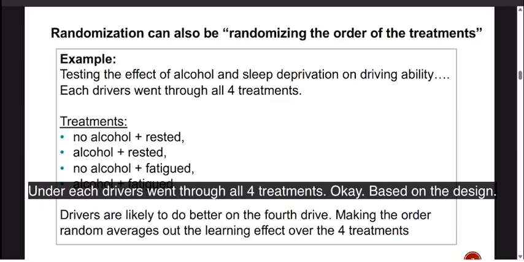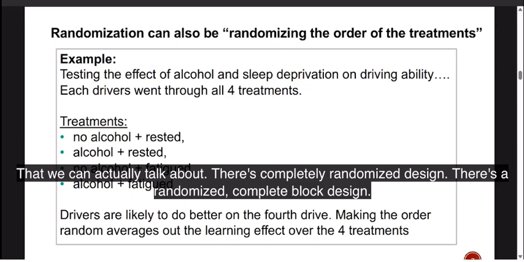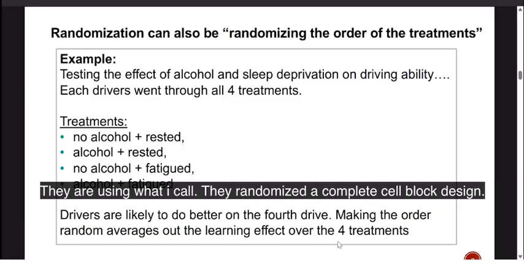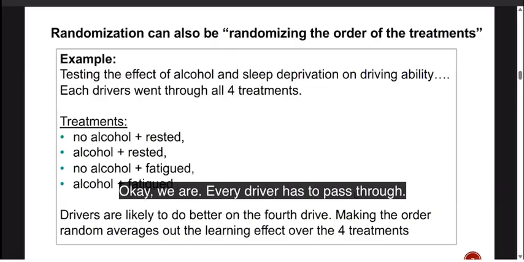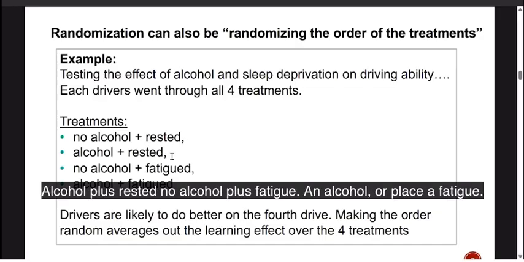We have different types of design that we can talk about: a completely randomized design and a randomized complete block design. Here they're using the randomized complete block design, where every driver has to pass through the four treatments. These are the four levels of treatment: no alcohol plus rested, alcohol plus rested, no alcohol plus fatigue, and alcohol plus fatigue.